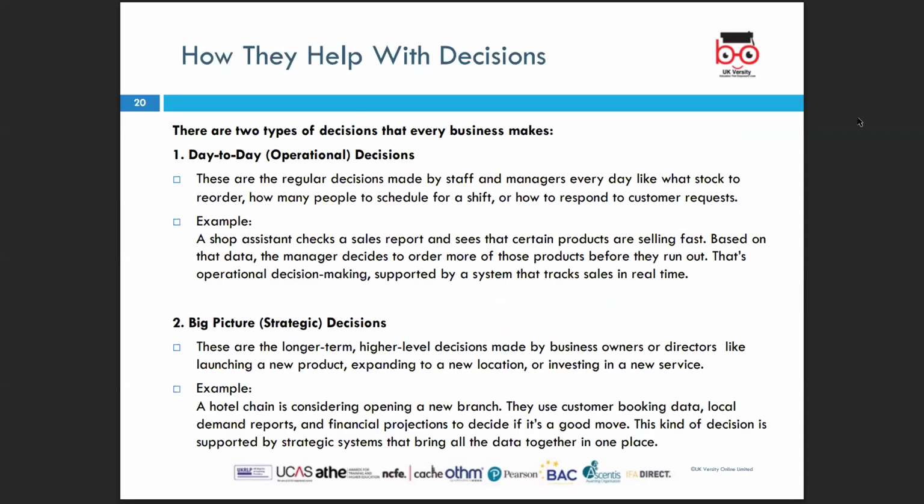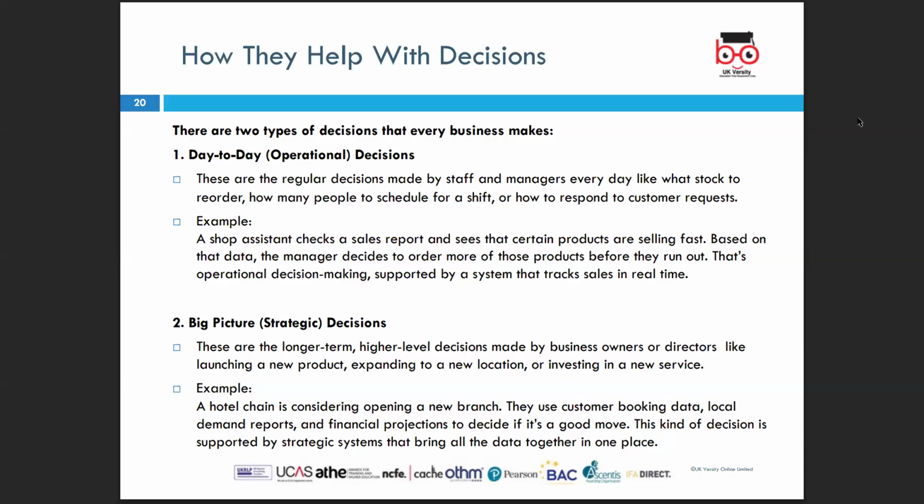How do they help with decisions? Operational decisions are the regular decisions made by staff and managers every day, like what stock to record, how many people to schedule for a shift, and how to respond to customer requests.